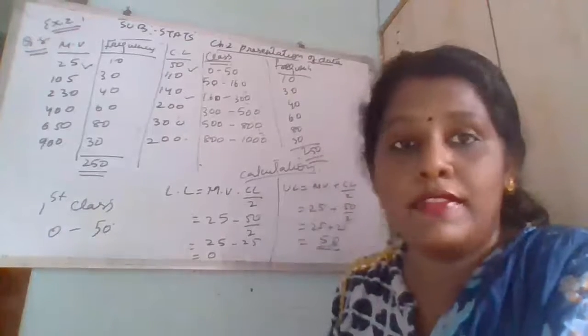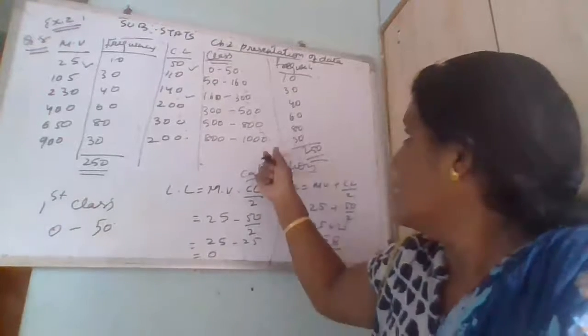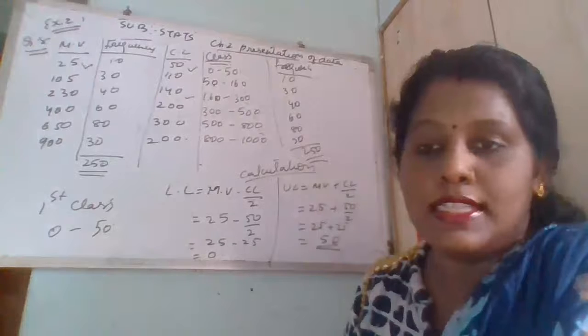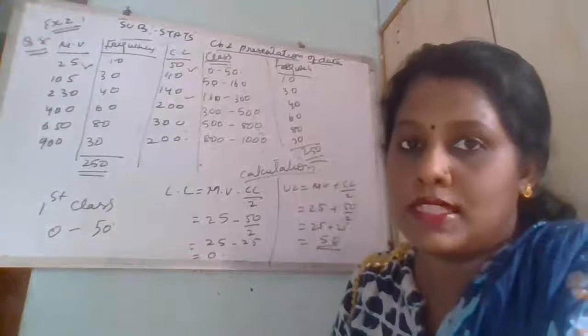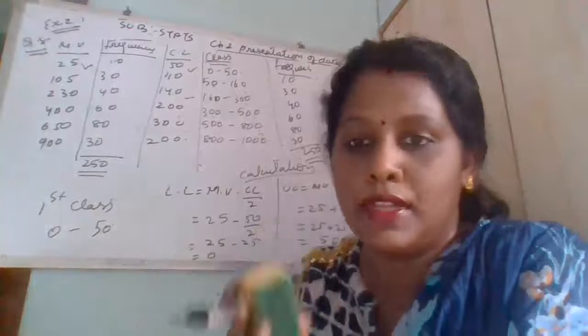Okay, so this is the way you find your class and frequency. This is called an original frequency distribution. Original frequency distribution means to find class and frequency.